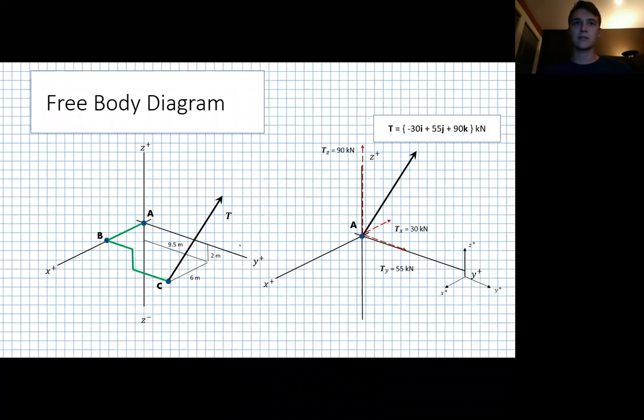However, it's not describing the same thing. So these things do not equal each other. Instead, we also have to add what's known as a moment. Moments are generally drawn with a double arrow, or in 2D they're described as counterclockwise or clockwise. And then those would be equal.